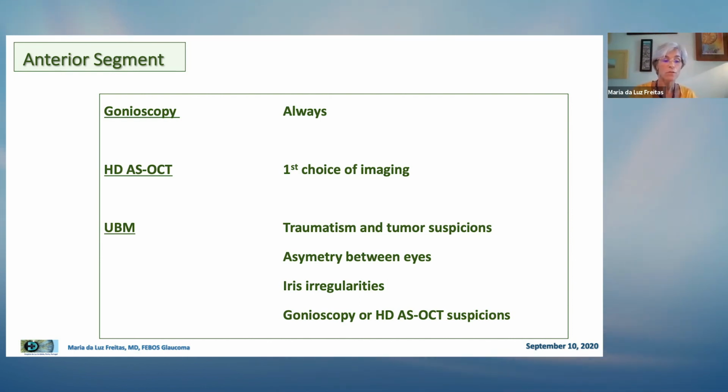Anterior segment OCT often guides the therapeutic strategy, and UBM is useful in some circumstances, like trauma and tumor suspicion, asymmetry between eyes, iris irregularities, and suspicious gonioscopy or anterior OCT.